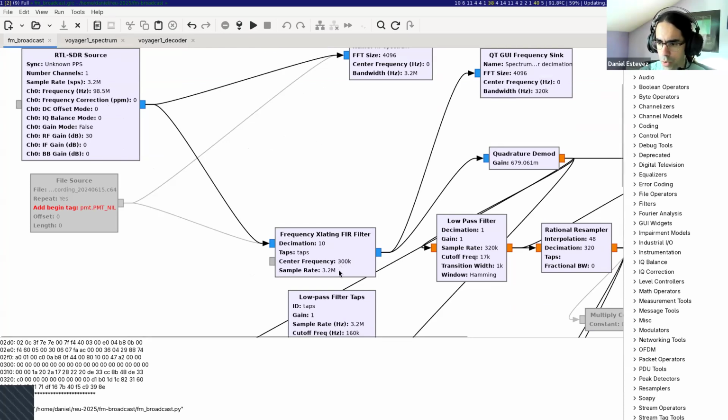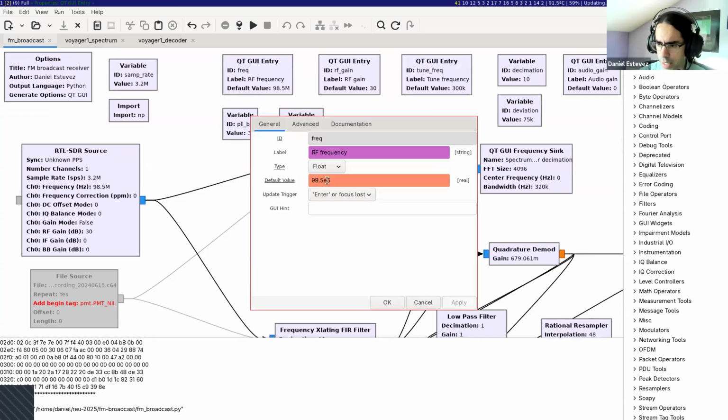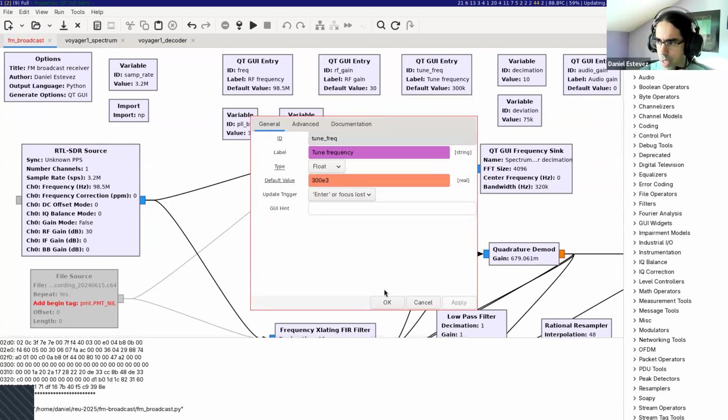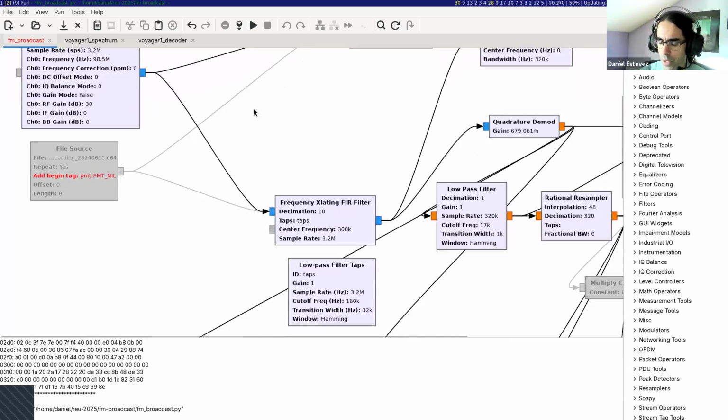That's how I tune to the station I want. Basically, I have this RF frequency, 98.5, and this tune frequency, which is 300 kilohertz. That gives me a total of 98.8, which is a nice classical music station here.